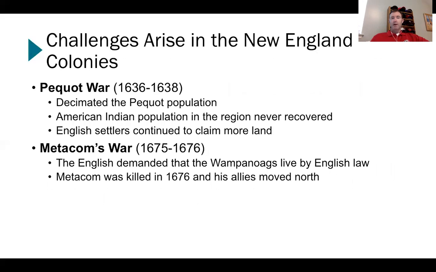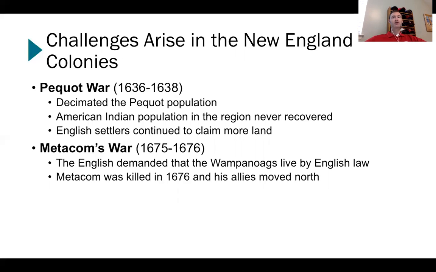Okay, so a couple of major conflicts that happen that are important, and these are not in any historical order per se: the Pequot War, and also what they called Metacom's War. Okay, now, as you can see, there's going to be a lot of life lost here. We almost always hear that it's disease, disease, disease that brings about a considerable reduction in the Native American or American Indian population.